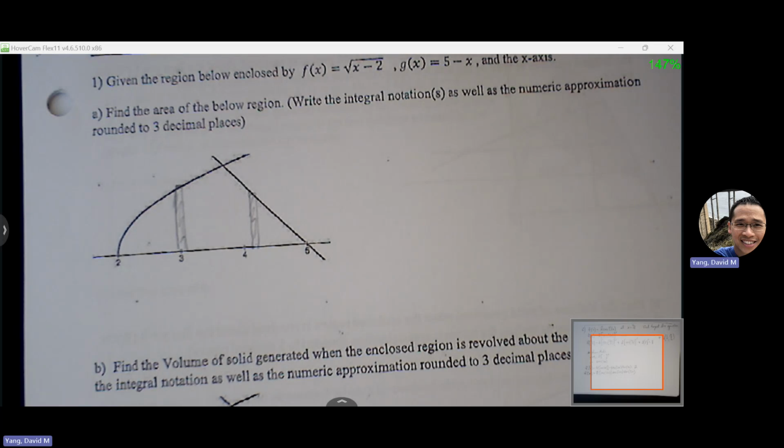Okay, go ahead and try that. The key's attached, but I will go through each problem with you.